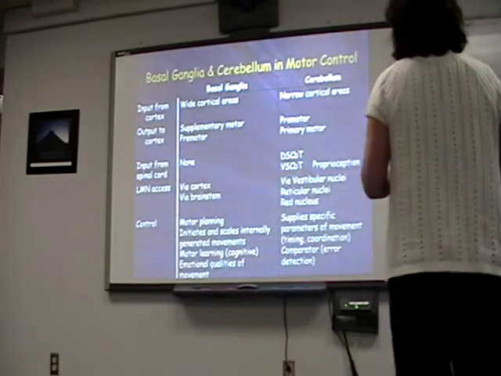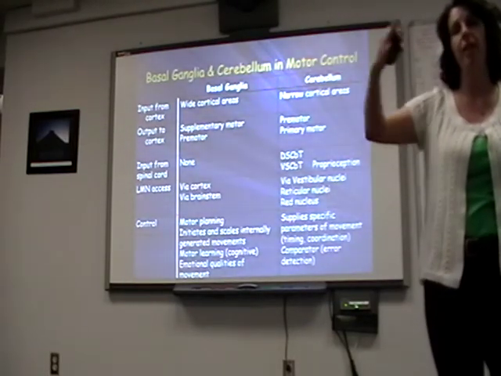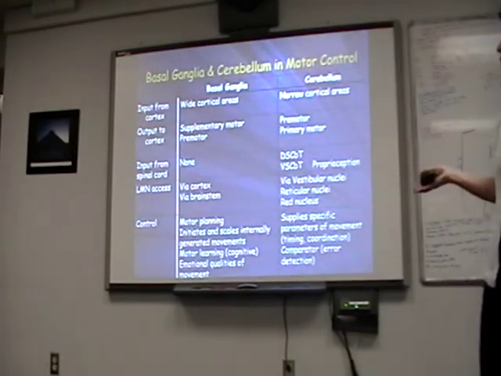Motor learning is thought to take place a lot in the basal ganglia, so it's that cognitive piece again. And the cerebellum is much more the error detector, regulating and coordinating that movement, regulating how hard we hit, how far we reach. All of that is from the cerebellum.